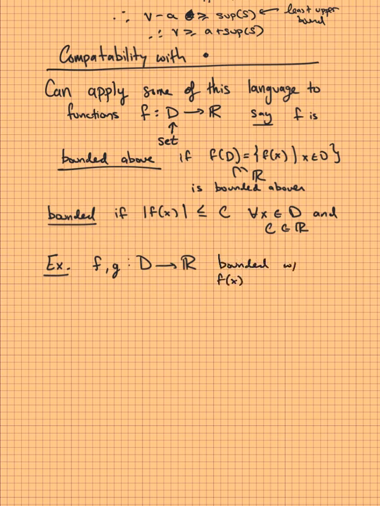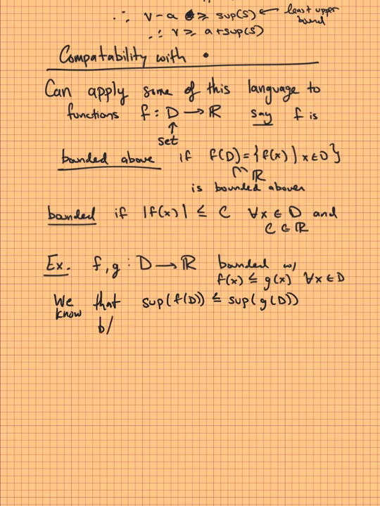with f of x less than or equal to g of x for all x in D. So you have two functions, but one of them has a greater value than the other. Then we know that the sup of f of D is less than or equal to the sup of g of D. If you have two functions, one of them always larger, then the sups of the images have to be larger as well.